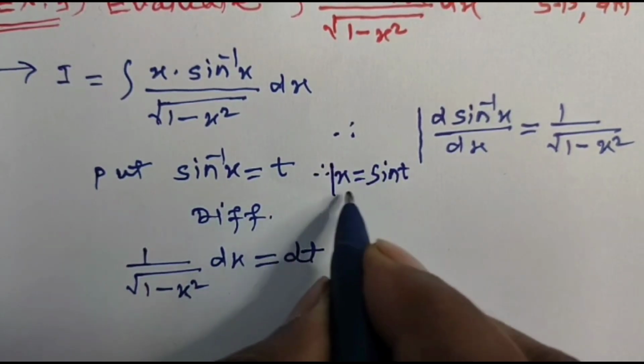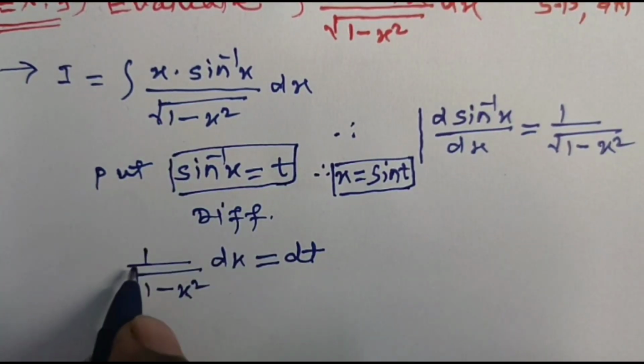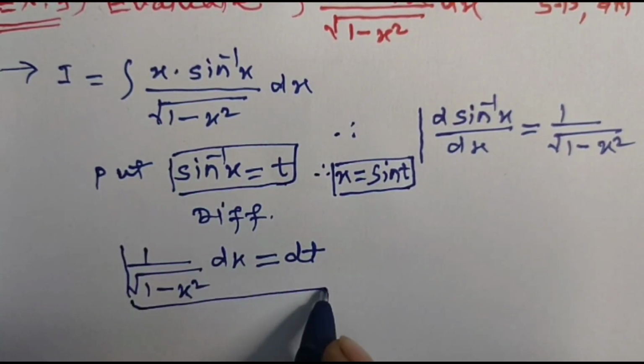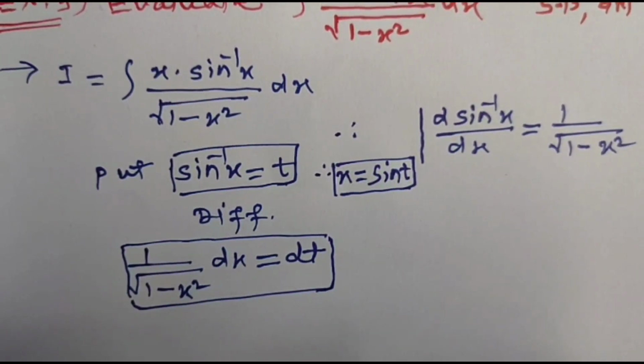So replace x by sine t, sine inverse x by t, and 1 upon square root of 1 minus x square dx by dt, and rewrite the given integral.